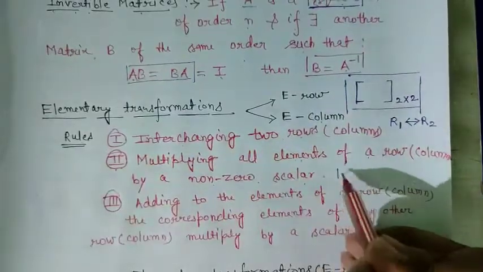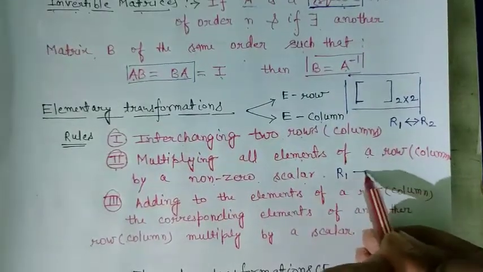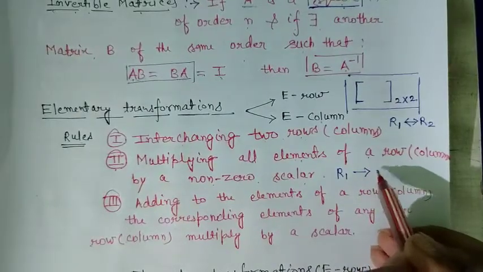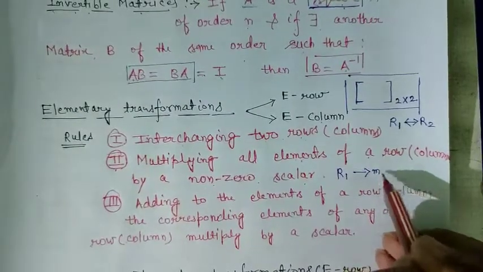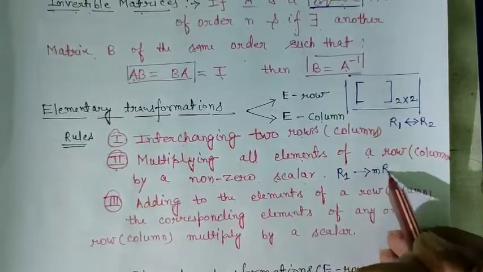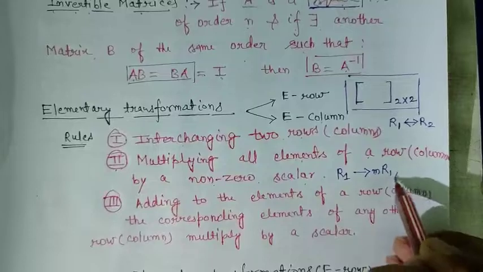Suppose we have R1 and I multiply all the elements of R1 by m. So I can write it as mR1.